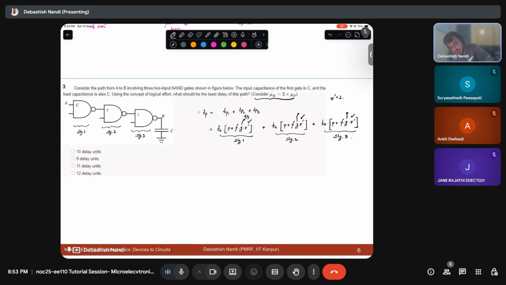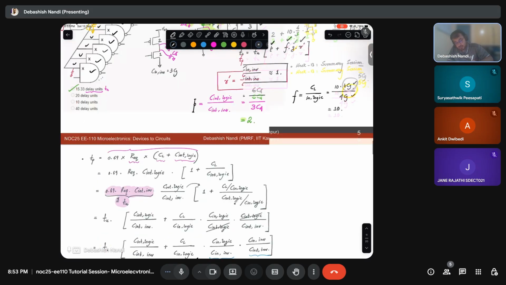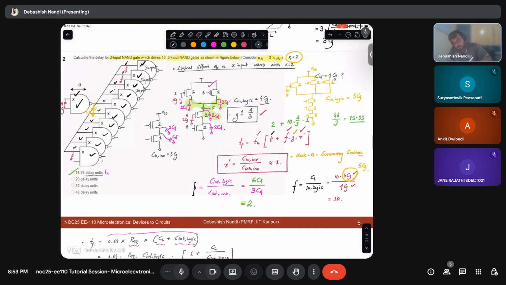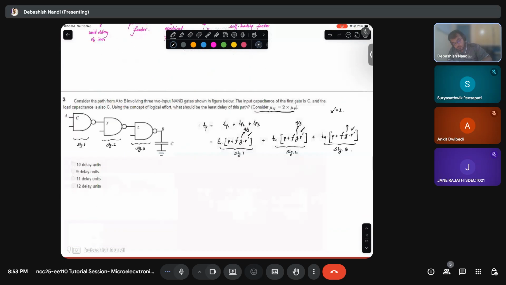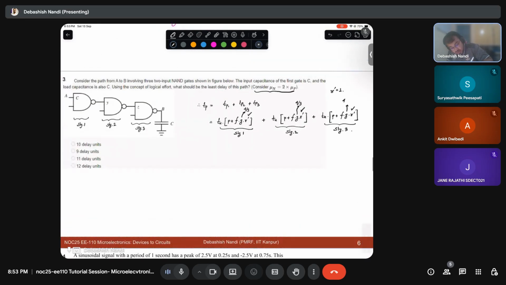We have just calculated it as 4 by 3, so this will be 4 by 3 for all. P depends on the stage itself, not on the next or previous stage, so P will also be 2 in every case, 6 by 3 that we have calculated.